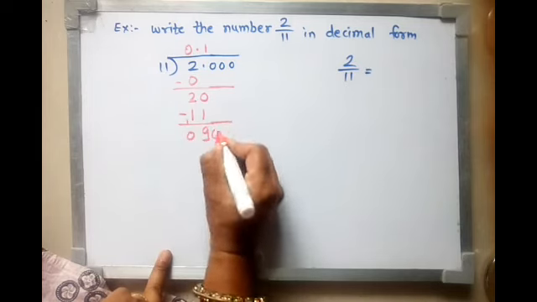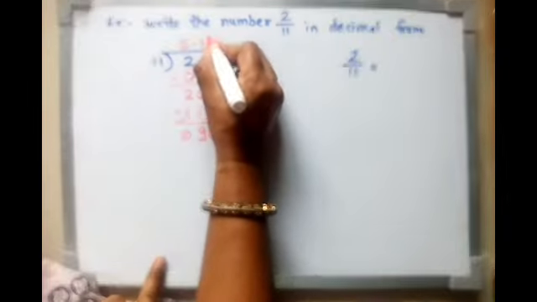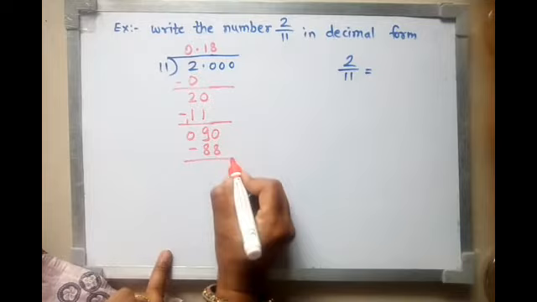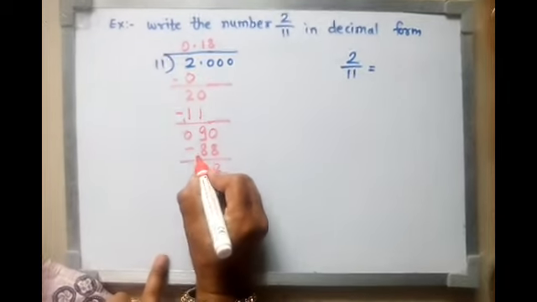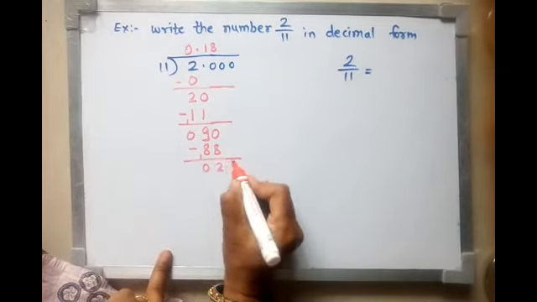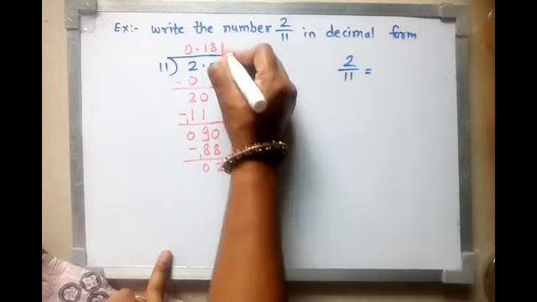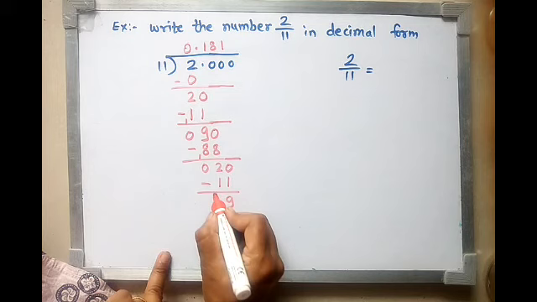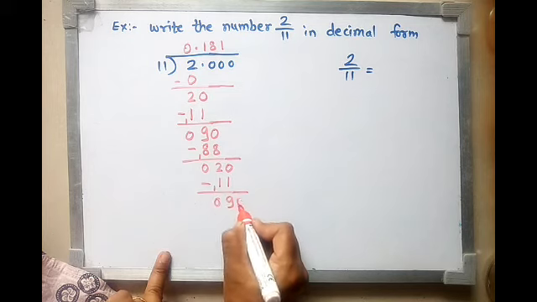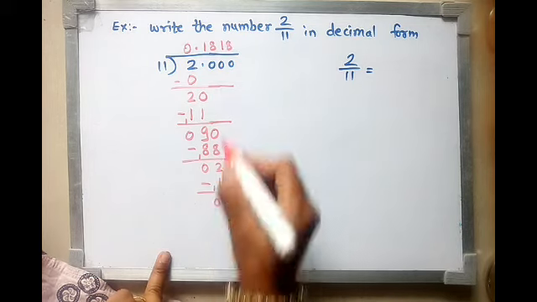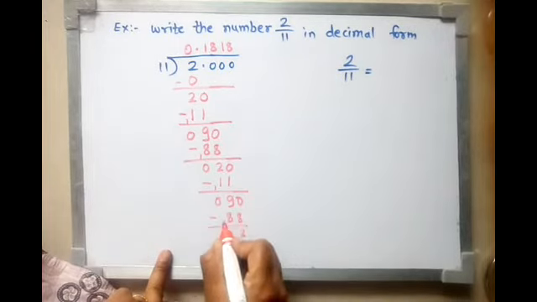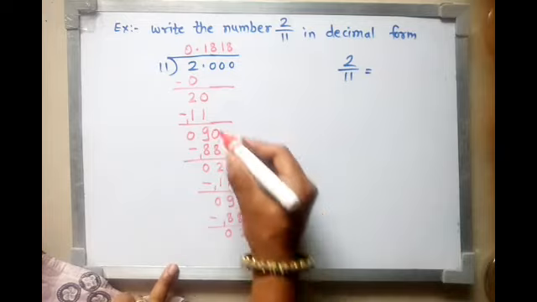I take 0, make 90. 11 eights are 88 and 88 subtracted from 90, remainder is 2. I take 0, 11 ones are 11, 20 minus 11, remainder is 9. I take 0, 11 eights are 88 and remainder is 2.